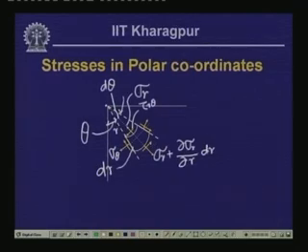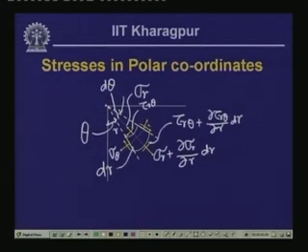Likewise, the tangential stress, which is the shearing stress, is equal to tau r theta plus del tau r theta del r over the distance dr. On this we have sigma theta.